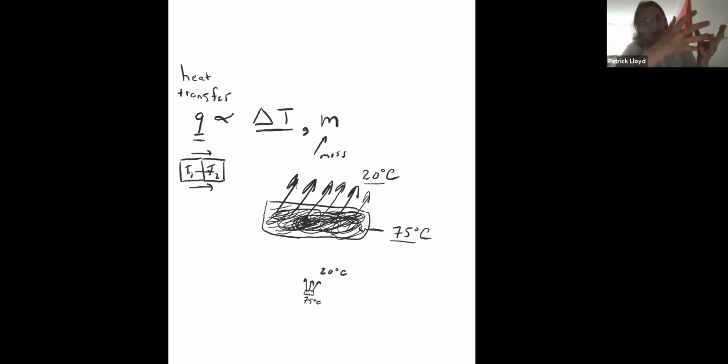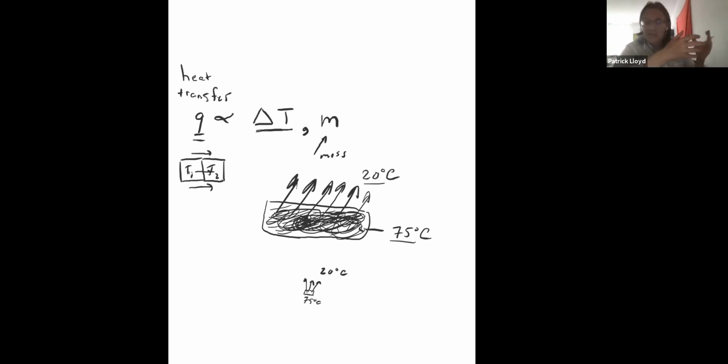The Earth transfers a lot more heat into space than I do, even though my average temperature is greater than the average temperature of the Earth. The average temperature of the Earth is actually around, I think, 60 degrees Fahrenheit. So it's like 15 degrees Celsius or something like that, right?